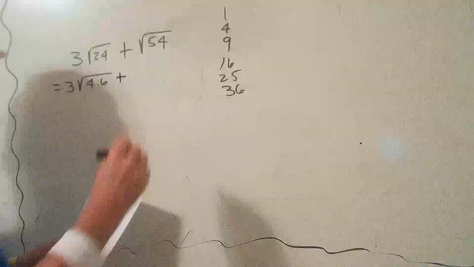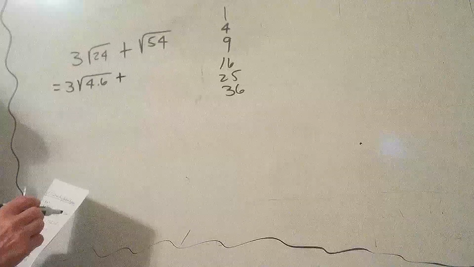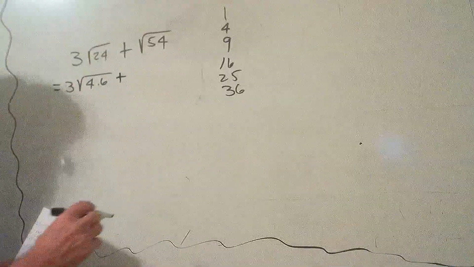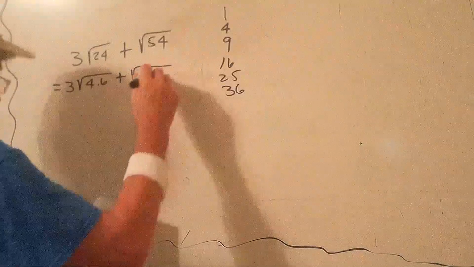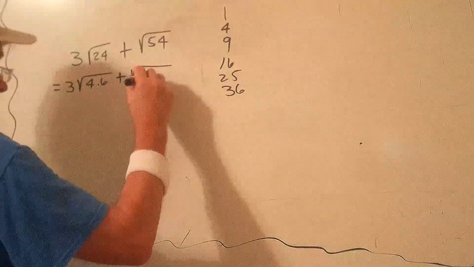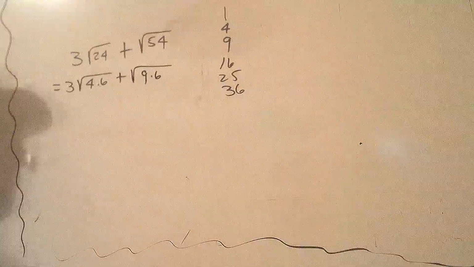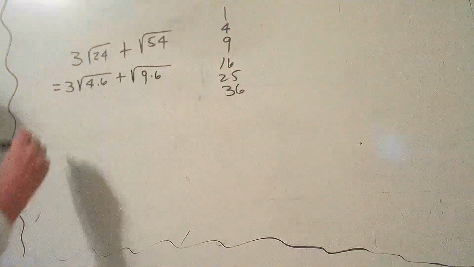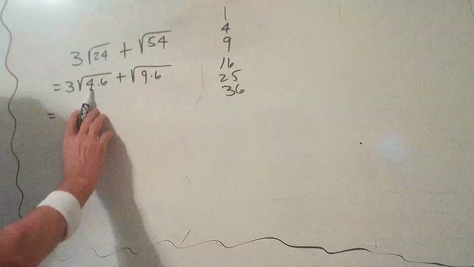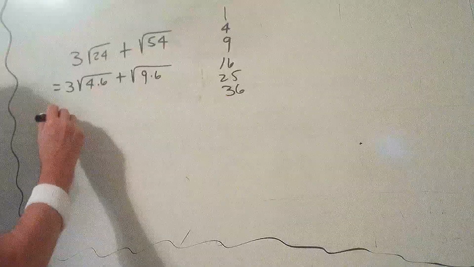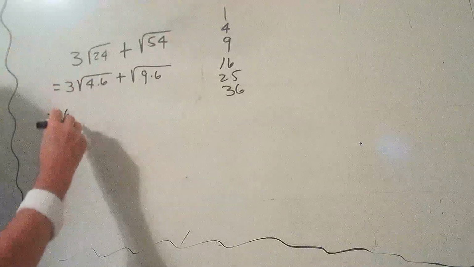Plus, now is there something we can factor 54 into where one of them is a perfect square? Yes, 9 times 6 is 54. So this equals, now the square root of 4 is 2, and 2 times 3 is 6, because it comes out of the radical.